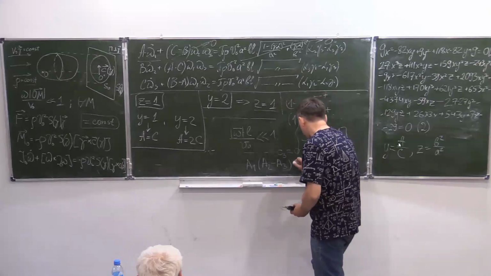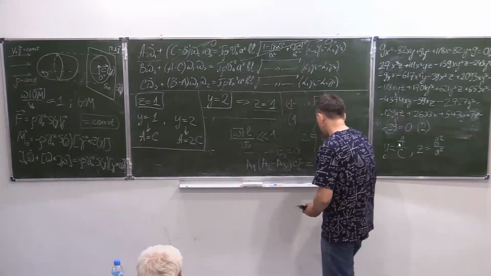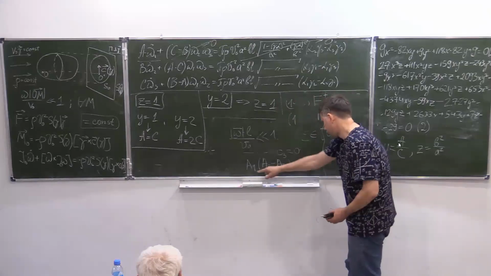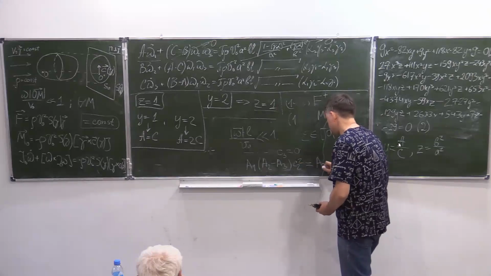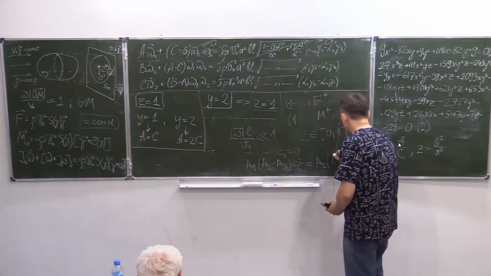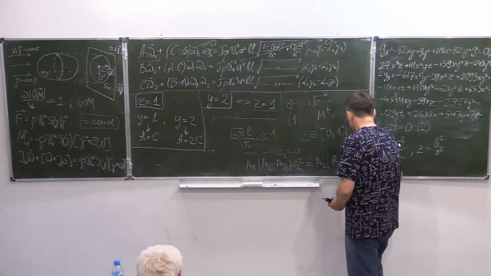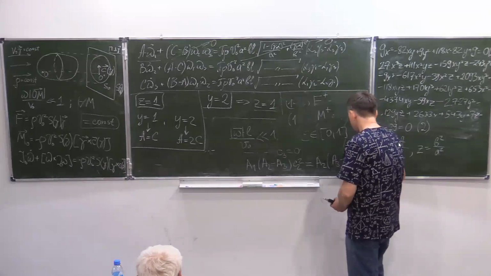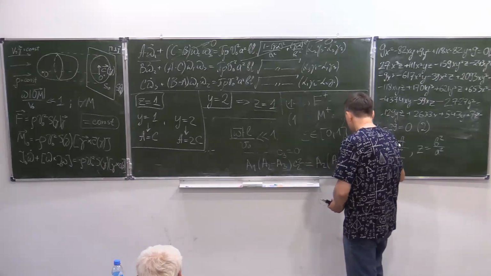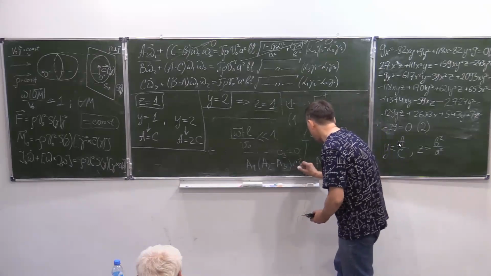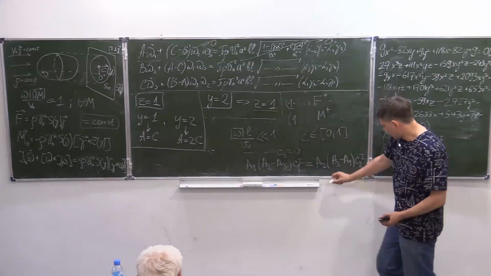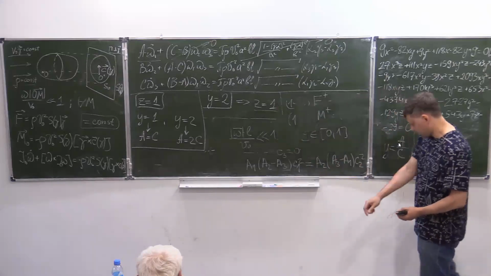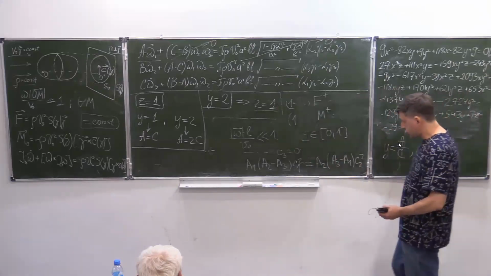Значит, c3 равно 0, здесь c1, здесь 1, а тут 2. Они должны удовлетворять вот такому условию. И тогда существует частный интеграл.